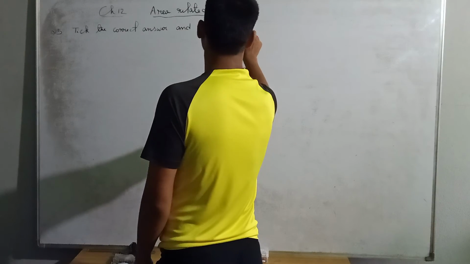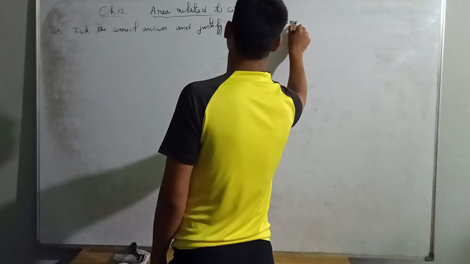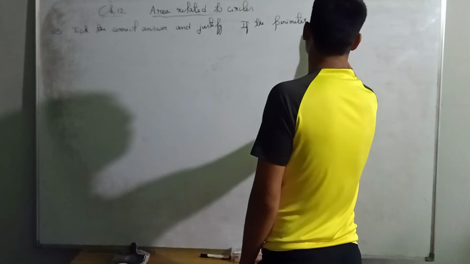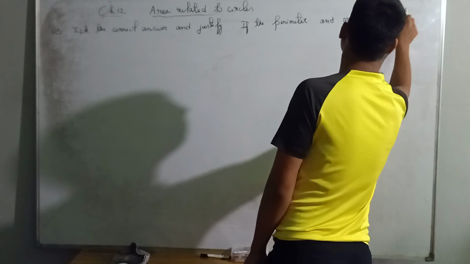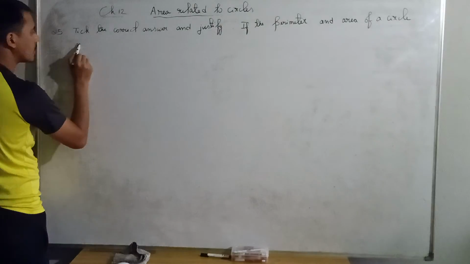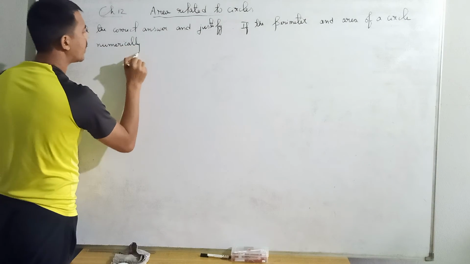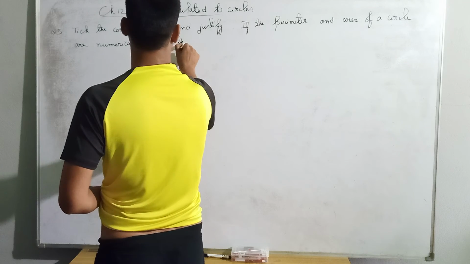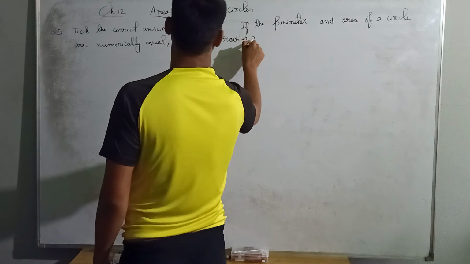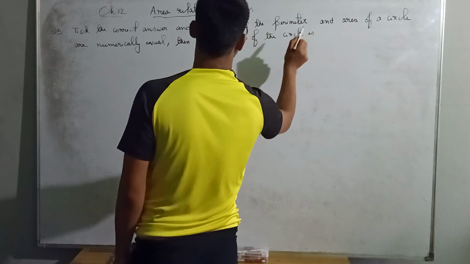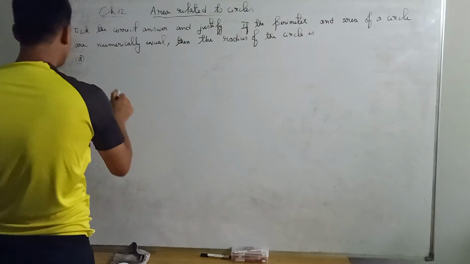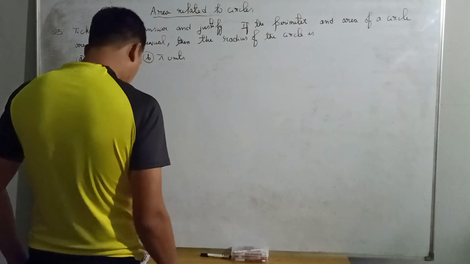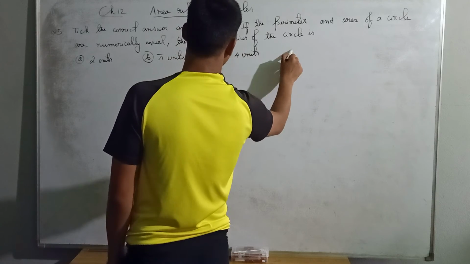If the perimeter and area of a circle are numerically equal, then the radius of the circle is: option A, 2 units; option B, pi units, pi means 22 by 7 units; option C, 4 units; option D, 7 units.